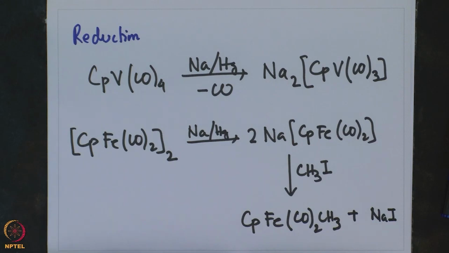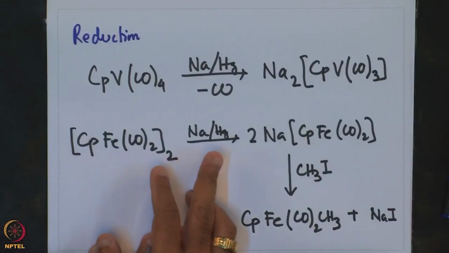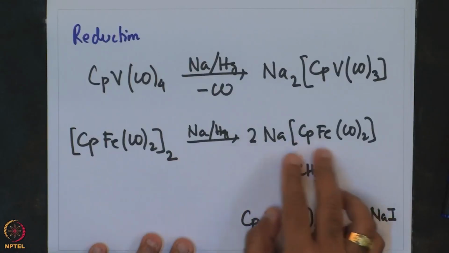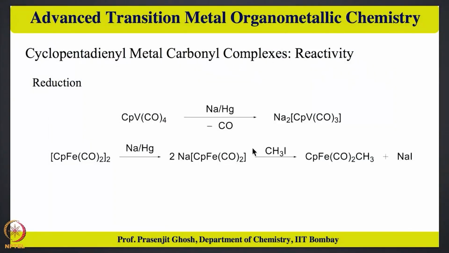This is an interesting reaction in which the Cp iron dicarbonyl dimer is reduced to give the metallate, which is then alkylated to make the methyl derivative, cyclopentadienyl iron dicarbonyl methyl, along with sodium iodide. So, certainly reduction is an important reaction for cyclopentadienyl metal carbonyl complexes.